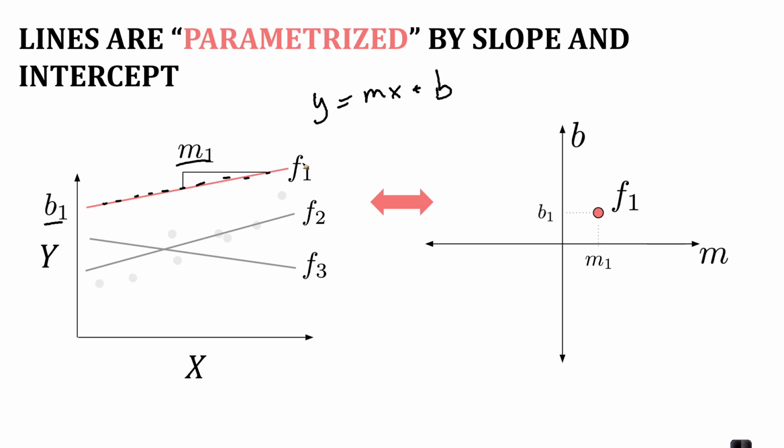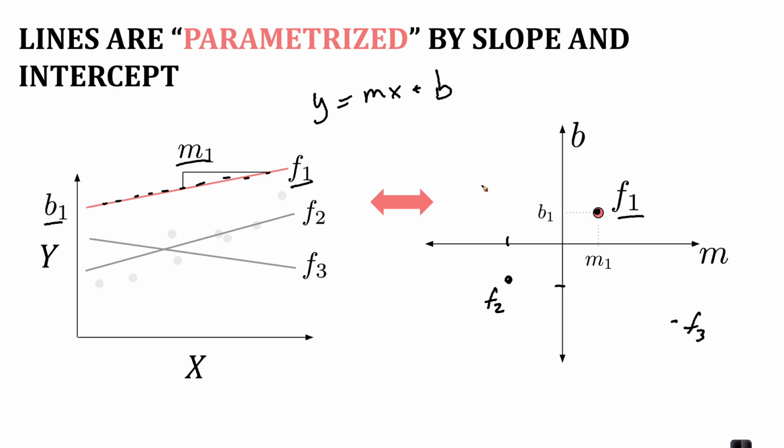So I don't really need to think about the set of lines. I can think about the set of slopes and intercepts. Here I'm showing that if I want to represent this function f1, I can draw f1 not as a line on a graph, but as a point on a plane, right? I'm just saying, what is the slope of this line? What's the intercept of this line? And now this point represents this function. Similarly, if I had another function with a different slope and a different intercept, I could put it down here, and another function down here.